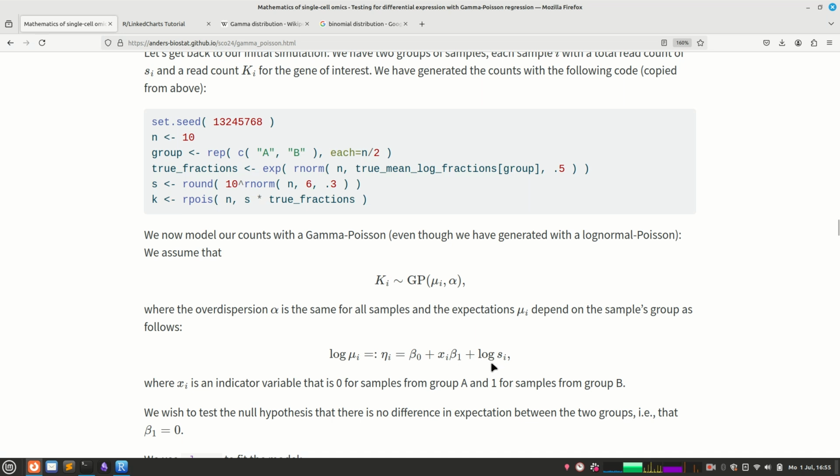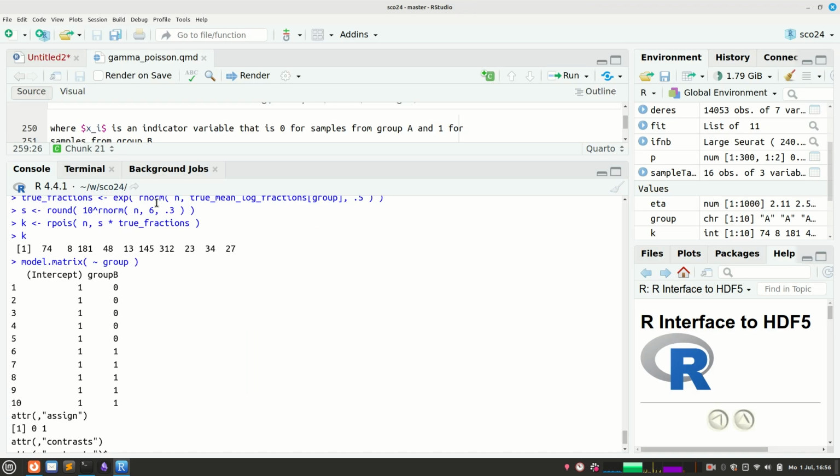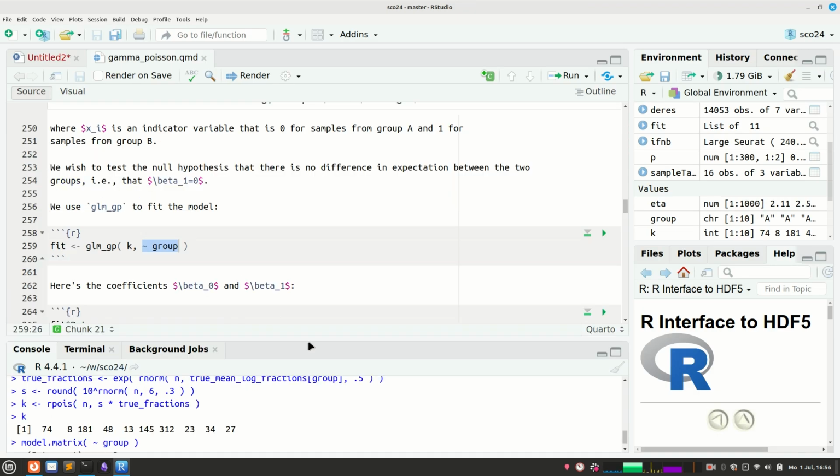What's missing here, log S_i, is the so-called offsets. An offset in a linear model is a term which is included in the model formula even though there's no coefficient that needs to be fit. And I should have added this here, and now I noticed I haven't.